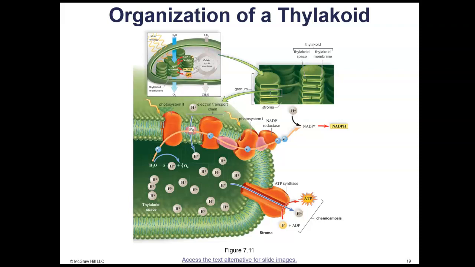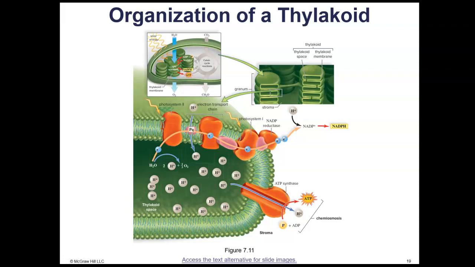So the important components of the electron transport chain are the flow of electrons, the pumping of hydrogen across a membrane so that it builds up a concentration gradient, and then the flow of hydrogen ions and that energy being used to generate ATP. We're going to see this again in Chapter 8.